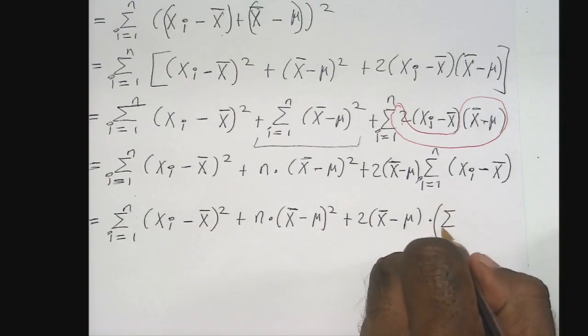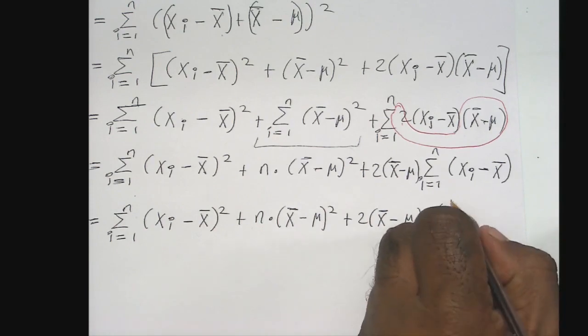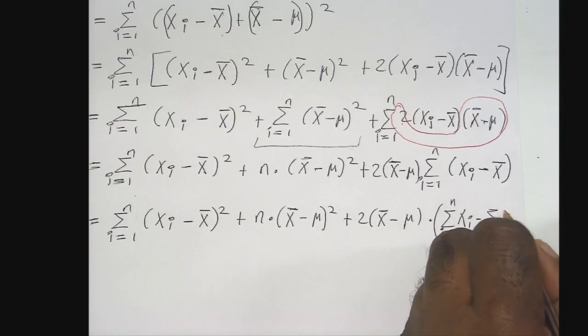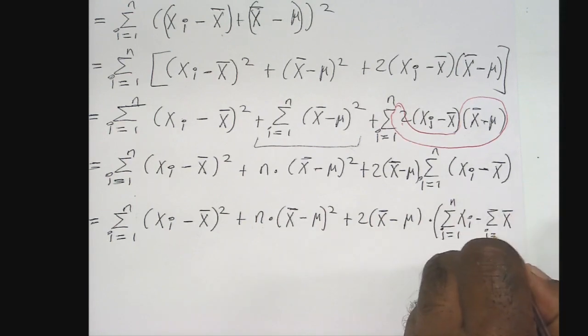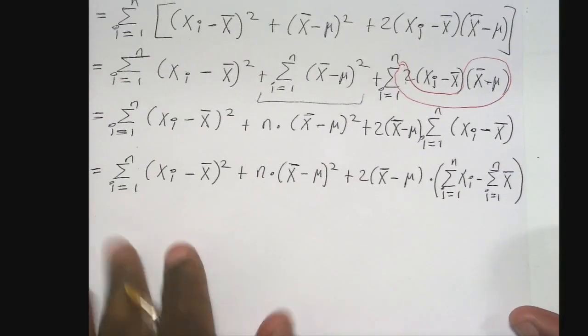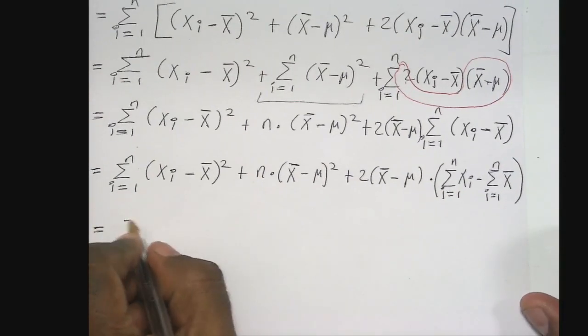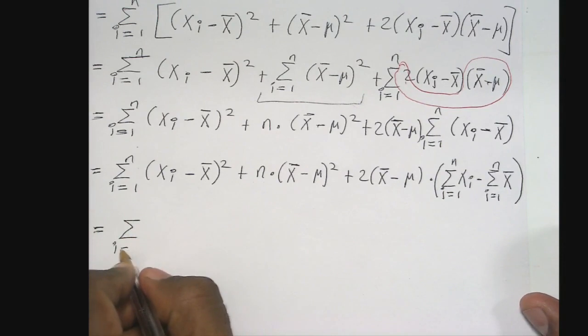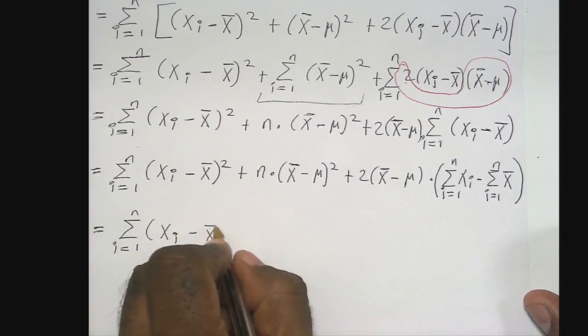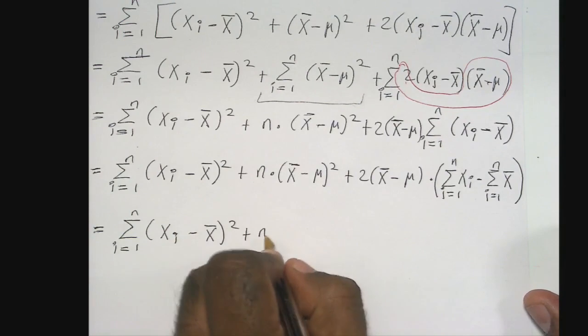You will get the sum of xi minus the sum of x bar, i from 1 to n. Yes? All right. So we are almost there, guys. Bear with me just for a sec. We are almost close.